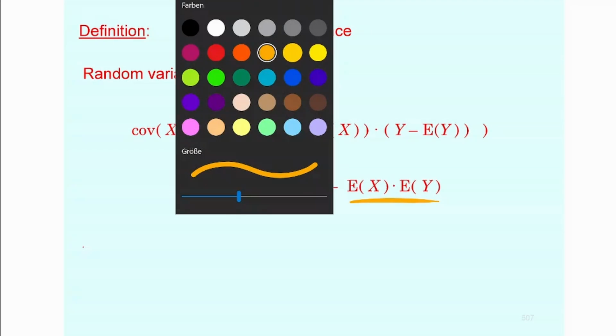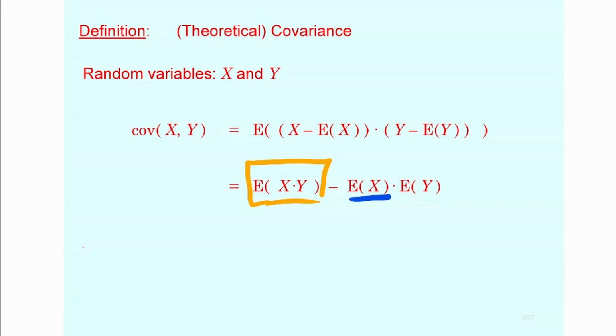For the means of each respective one, you don't need the joint distributions, just the marginal distributions, but for the expectation of the products, you do need that. So the mean of the products minus the product of the means yields the covariance in general. Now again, I'm not going to let you calculate the covariance based on probability distributions, so that's not going to be an issue.